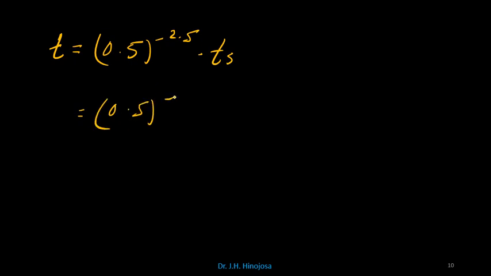Once again, the masses cancel, so we get T is equal to 0.5 raised to the minus 2.5 power times T sub s, which is equal to 0.5 raised to the minus 2.5 power times 10 to the 10 years, which is the lifetime of the sun.